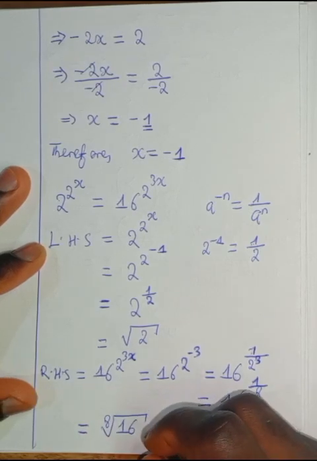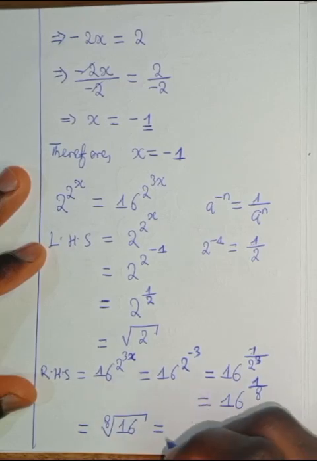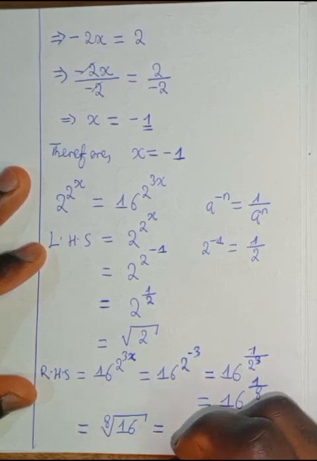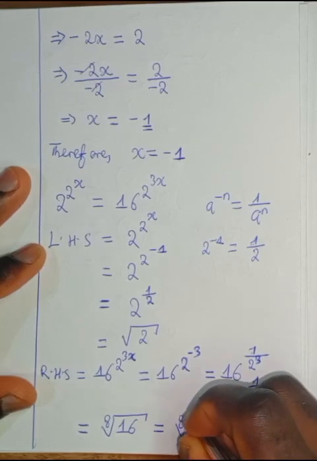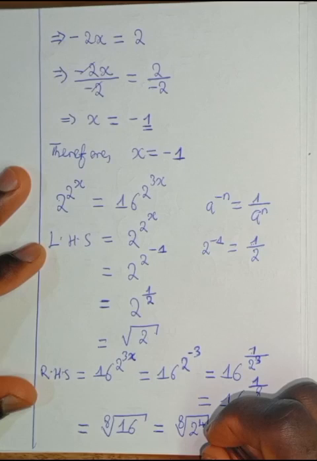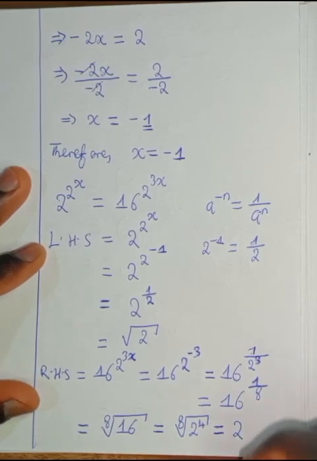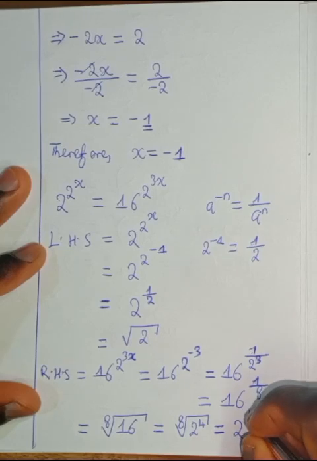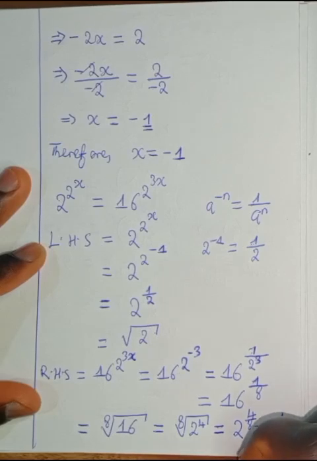16, which is simply equal to, we know 16 can be written as 2 raised to the power 4. That means we are taking the 8th root of 2 raised to the power 4, which will simply be the same as 2 raised to the power 4 all over 8, which is simply equal to 2 raised to the power a half, which is simply equal to the square root of 2.